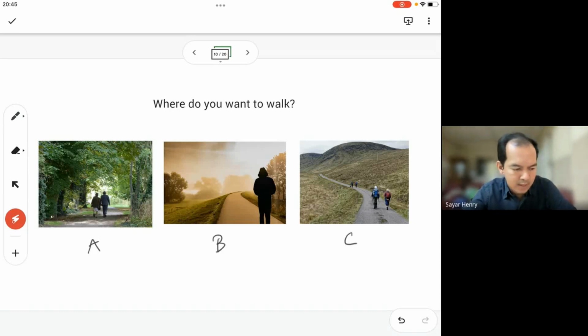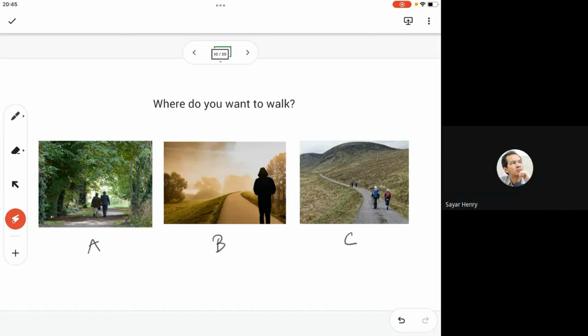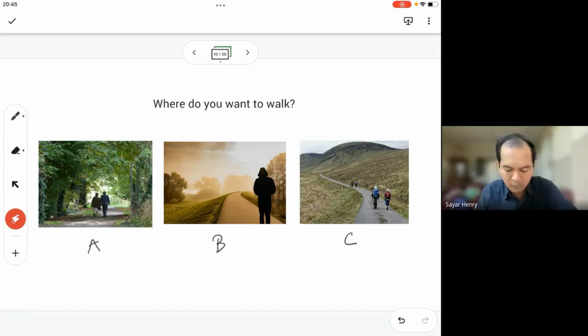So have a plan for that particular photo, and also why you don't want to walk in the other two places.